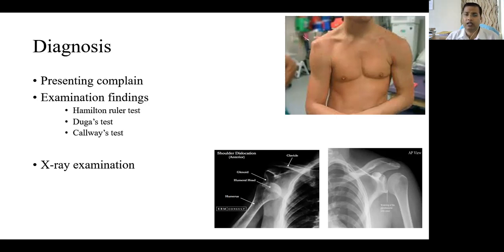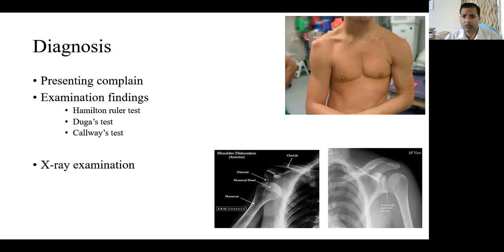Because of this, the humerus comes to the anterior side, is dislocated and lies below, so it increases the vertical circumference of the axilla. So these are the simple test examinations.